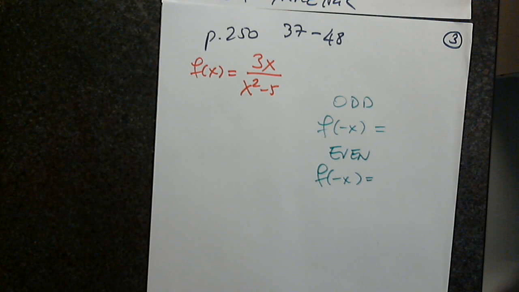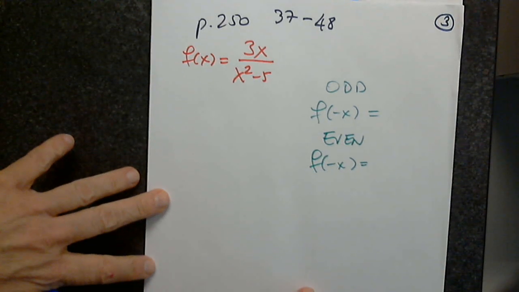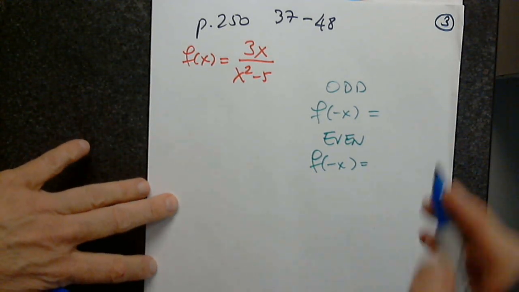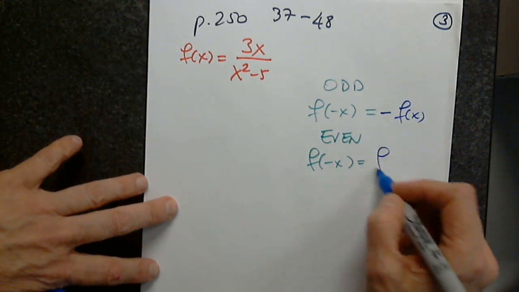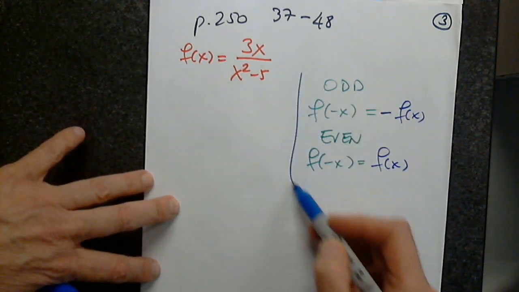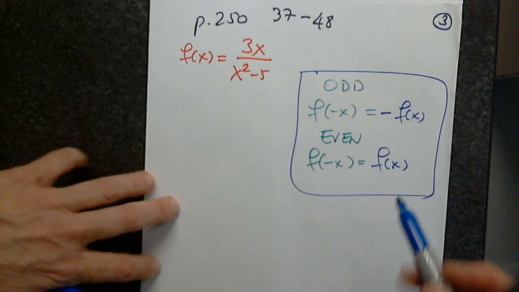Anyone remember what those are? You may have them in your notes from last time. Correct. Very good. And the other one if it's the same. So this is what we need to test.